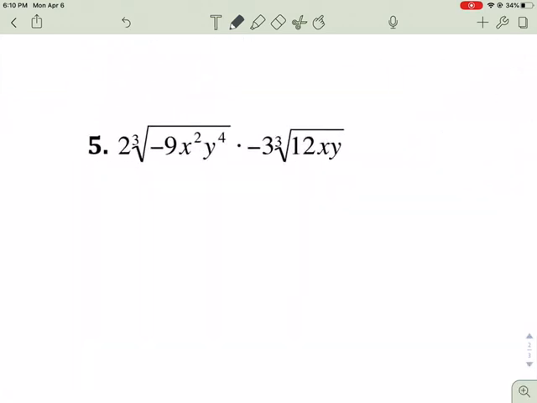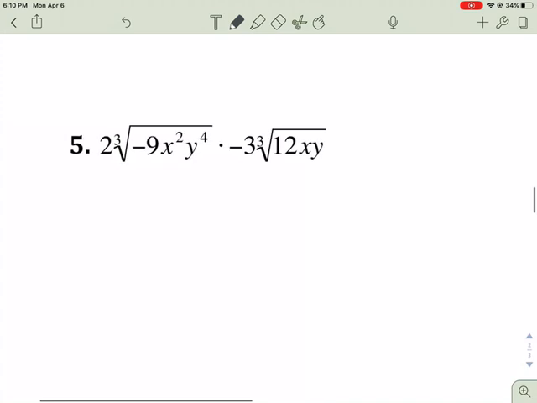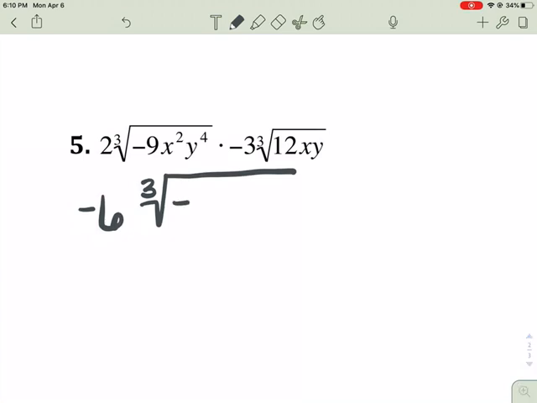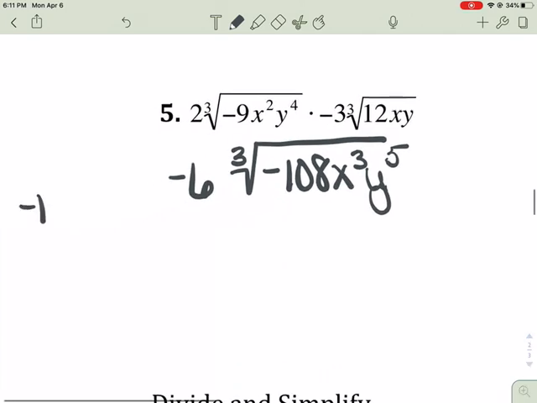Now this one has numbers out in front, which we're going to multiply together as well. So we have negative 6 cube root of negative 108 x to the third y to the fifth. All right, so let's bring negative 108 on the side. Now notice that negative 6 is just kind of hanging out there. All right, so let's break that down.